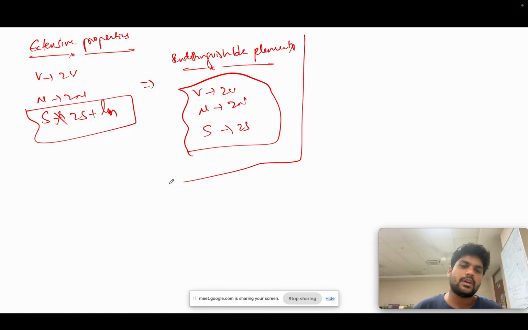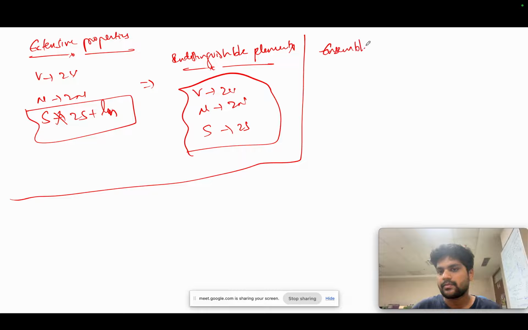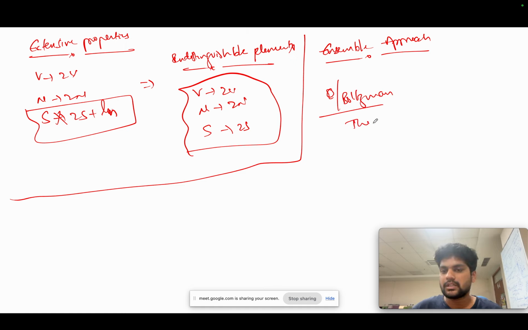So now once we have done with this, we come to the ensemble approach. The basic difference between the quantum state classical and ensemble approach was that in the quantum state, Boltzmann taken was the particles are not interacting. But in real life, whatever biomacromolecules you have taken, it's all interacting.